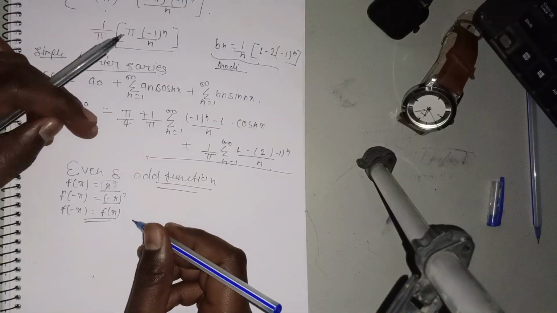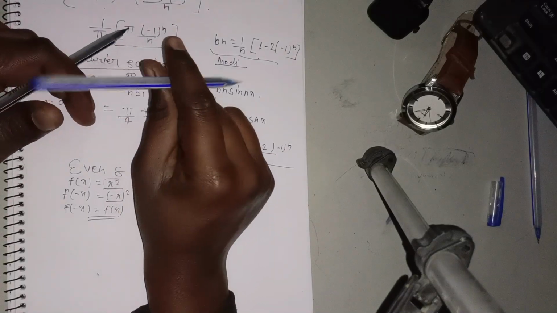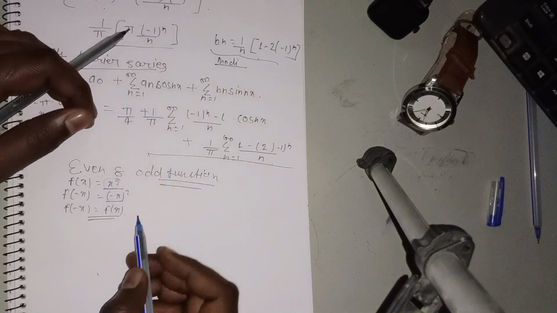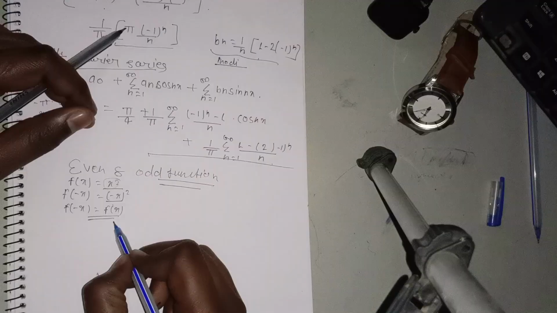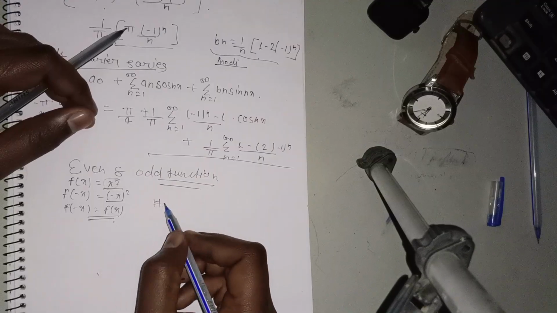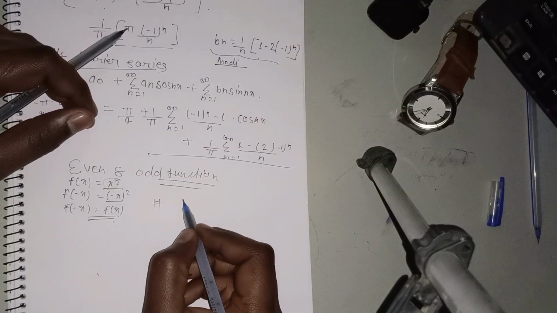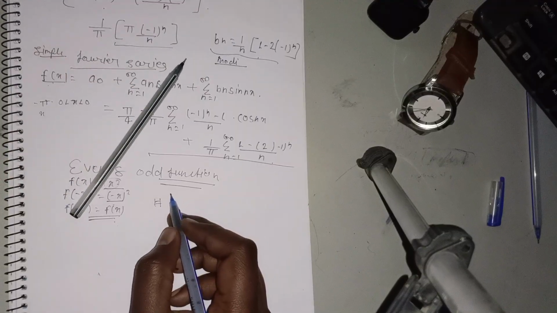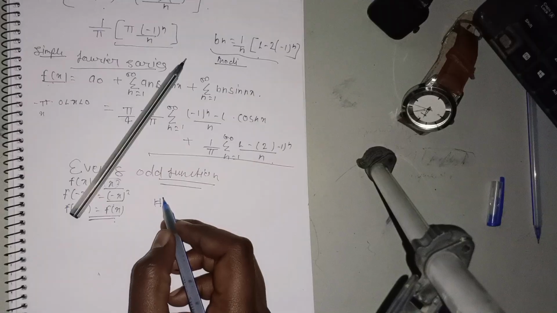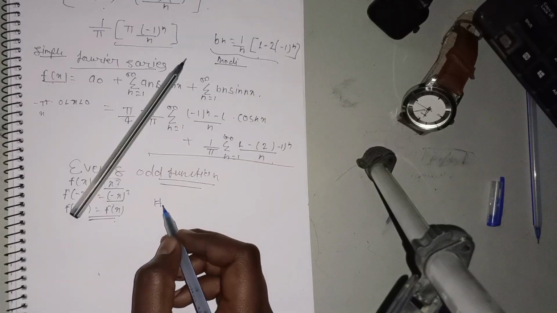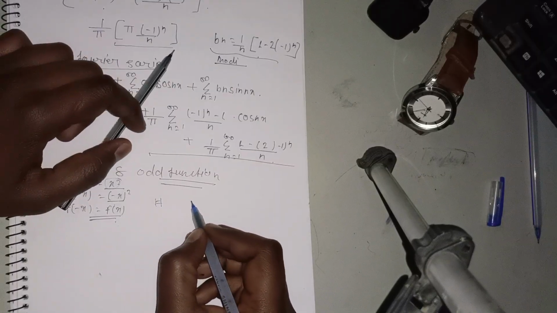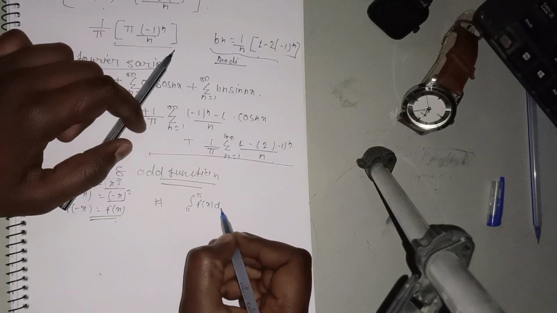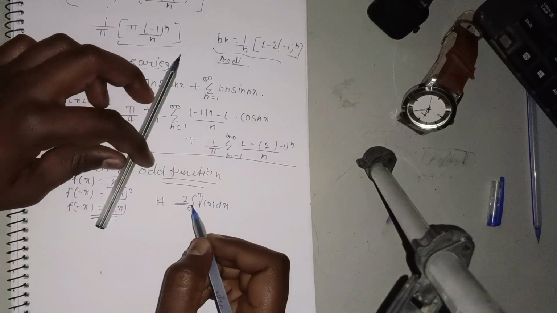An odd function, which I have told you already. So here are some things which we have to remember. If we are getting even, then the integration of 0 to pi f(x) dx is simply multiplied by 2.